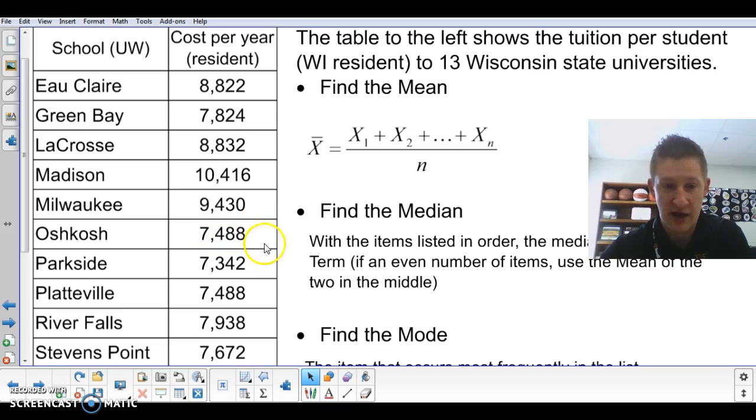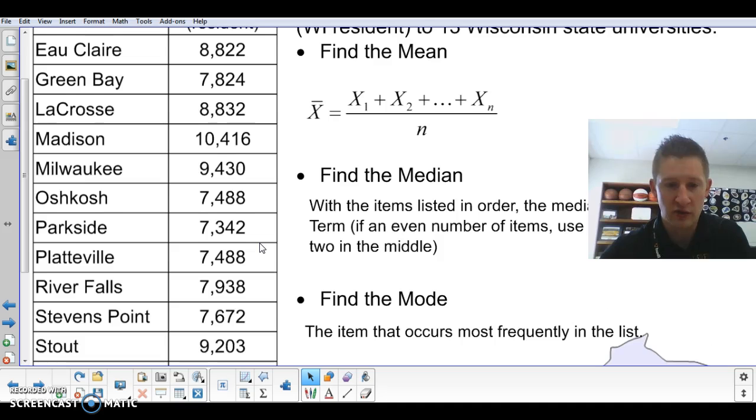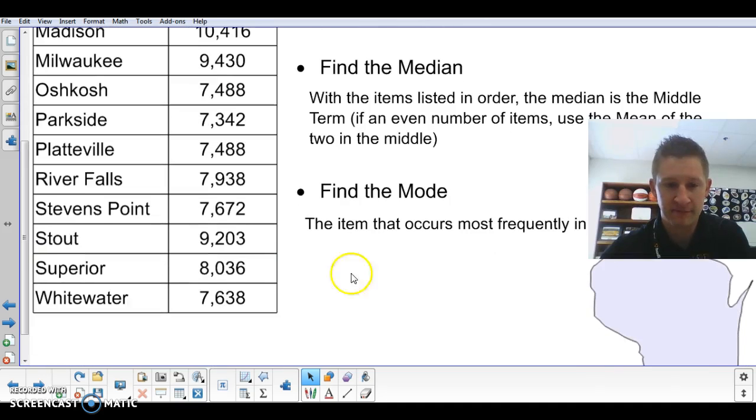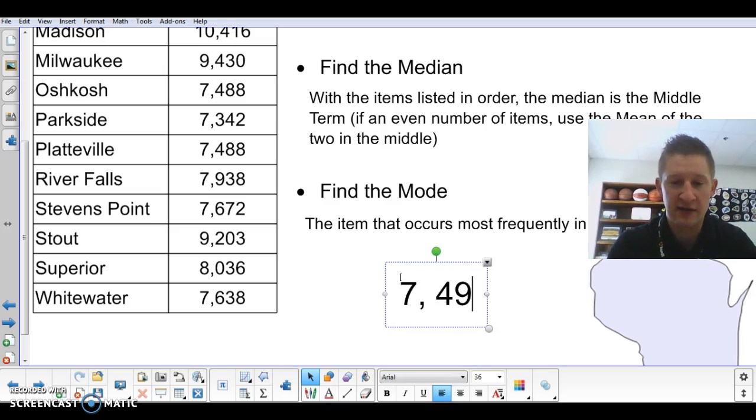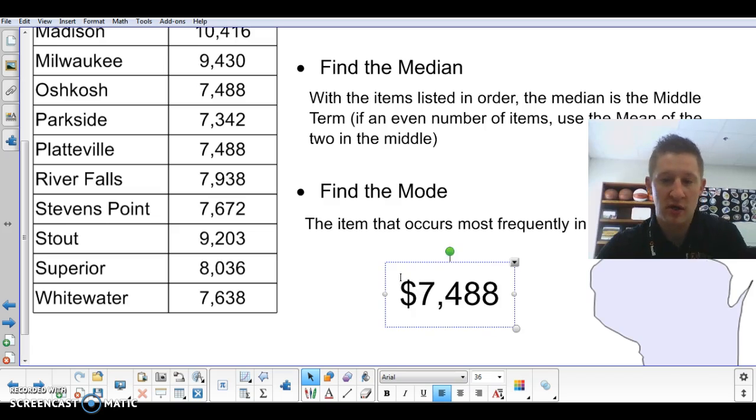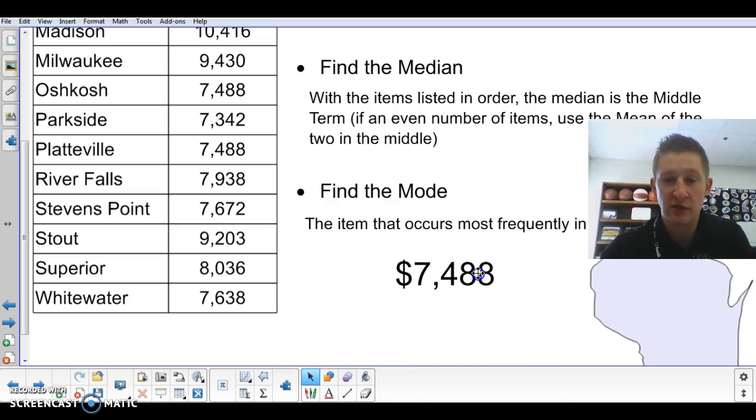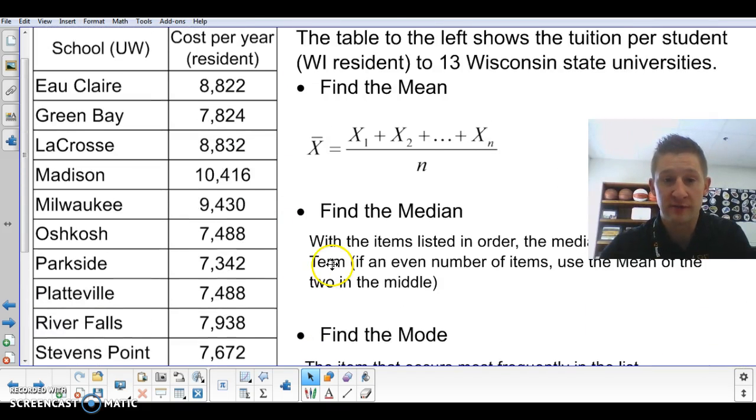Oh, right now I see Oshkosh and Platteville are both charging the same amount for tuition, $7,488. Is there any other pair that shows up? Doesn't look like it. So I would say that $7,488 would be your mode when it comes to the tuition price at the UW schools, because that one shows up twice and everything else just once. To the calculator for the other ones.